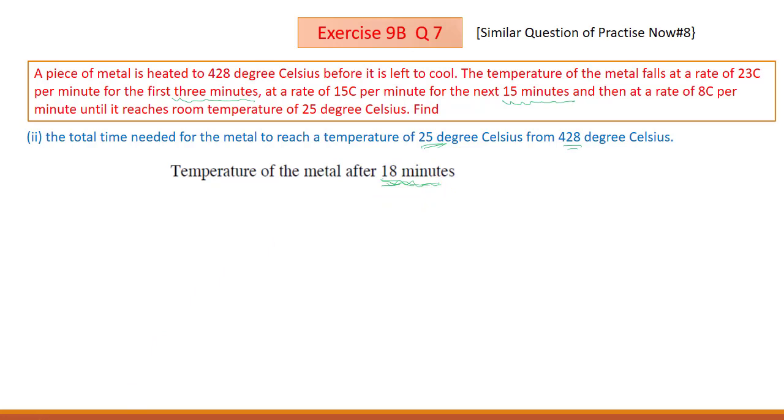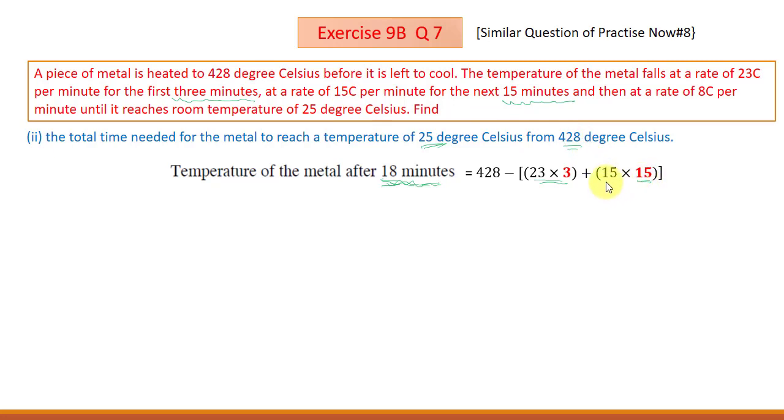So now we will calculate. The first fall is 23 degrees centigrade per minute for 3 minutes. This is what we have done in the first part. Fine. And then after 3 minutes the temperature began to fall 15 degrees C per minute for another 15 minutes.